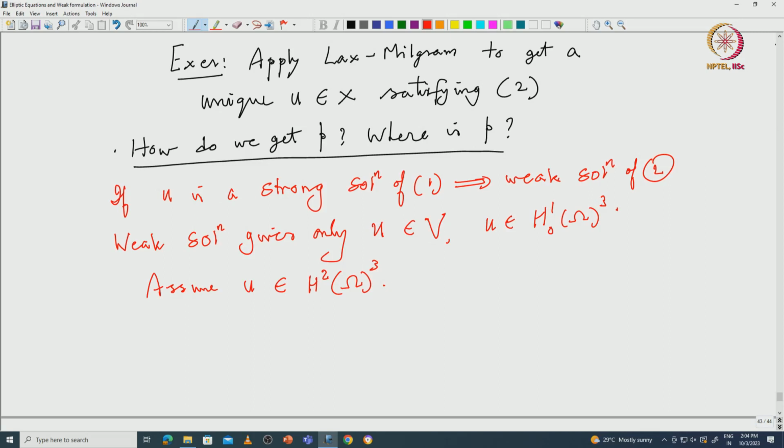So, how do you do that? 2 gives, you can do an integration by parts, that immediately gives you minus Laplacian of U minus F, okay, and what is your weak formulation?